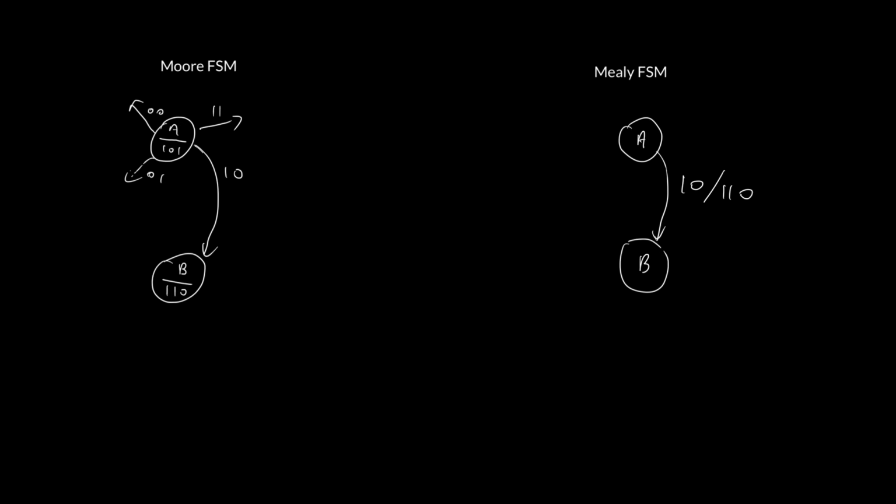And based on the input when I'm in state A, I can read off what the corresponding output is going to be. That does not mean a transition has occurred. At the next rising edge of the clock, you need to look at the current input, and if the current input is 1, 0, then you make this transition.